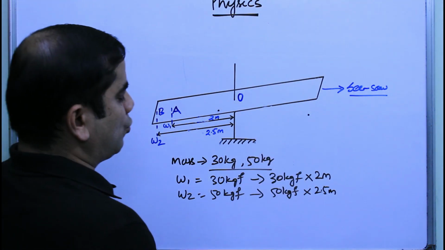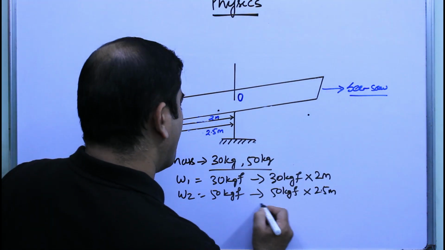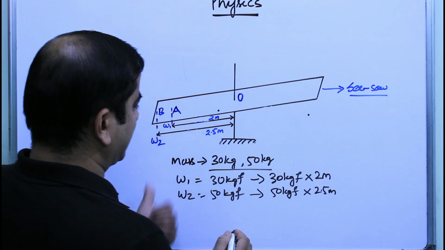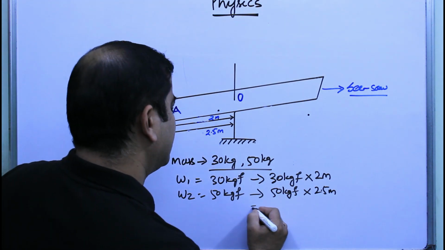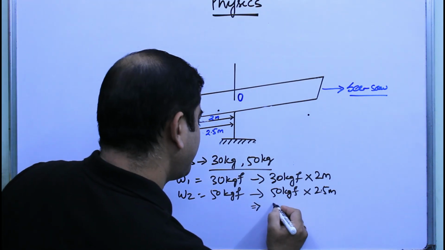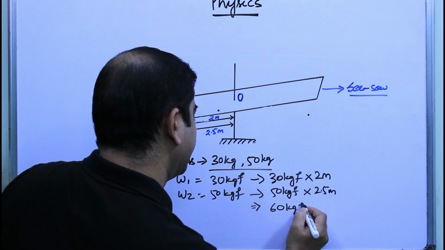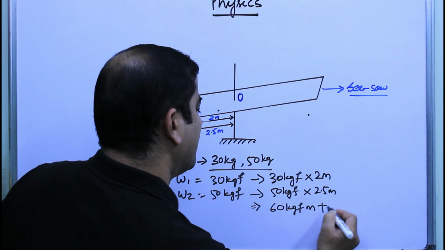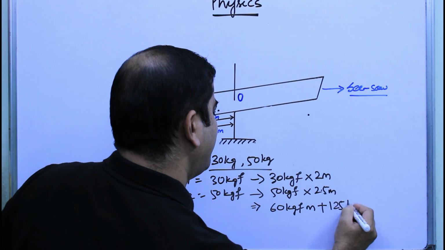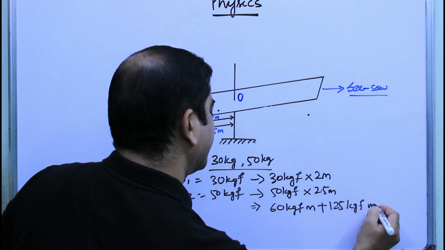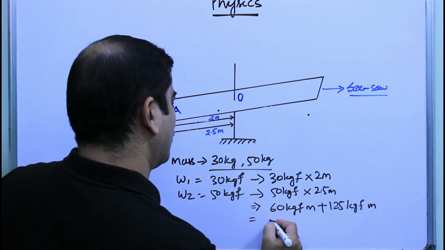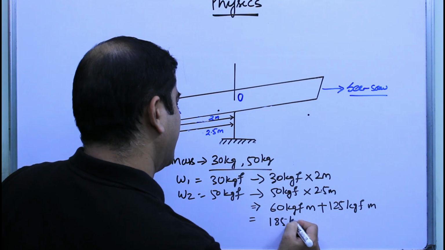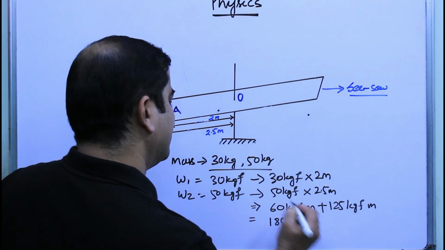So what would be the total moment of force at this side, at the left side of the seesaw? That would be 60 kgf meter plus 125 kgf meter. Fine. So that is equal to 185 kgf meter.